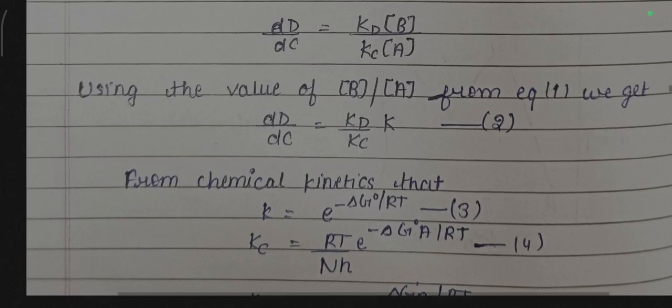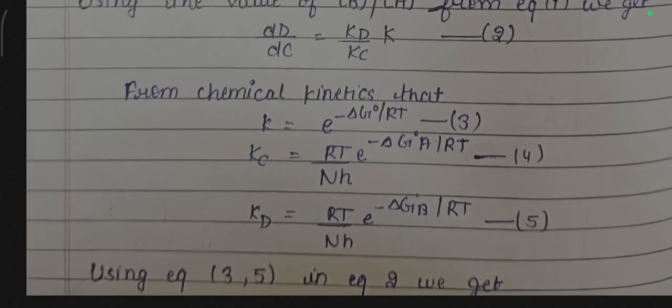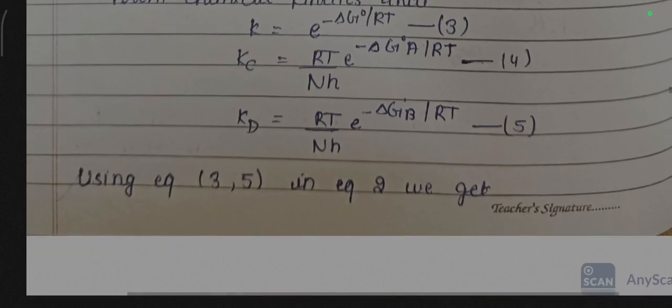From chemical kinetics, K is equal to e to the power minus delta G naught upon RT, which is equation 3. Kc is equal to RT by Nh e to the power minus delta G naught A by RT. Kd is equal to RT by Nh e to the power minus delta G naught B by RT.